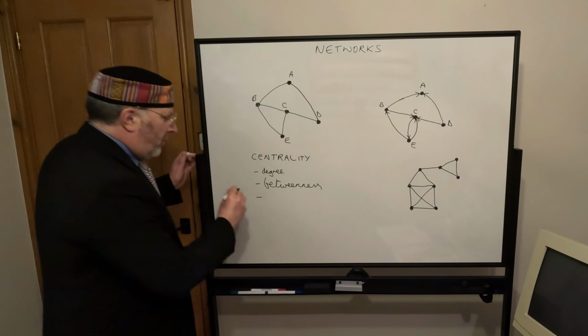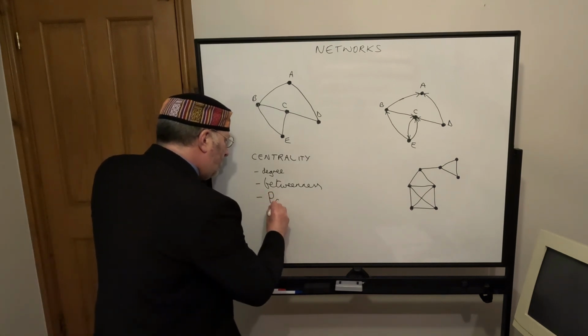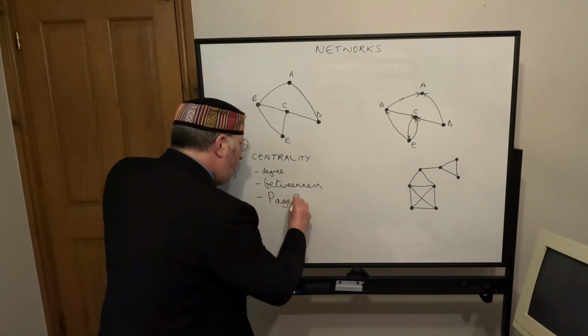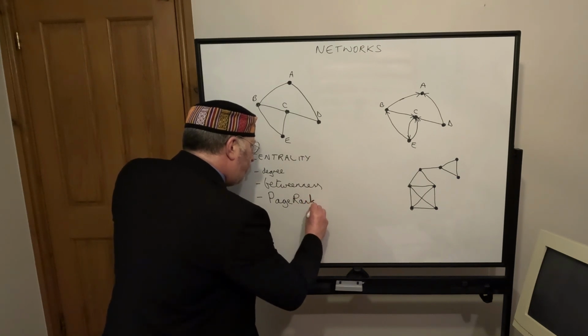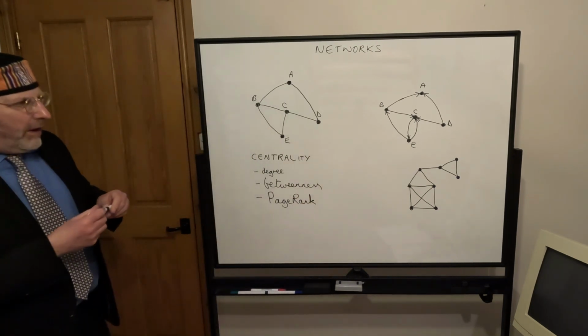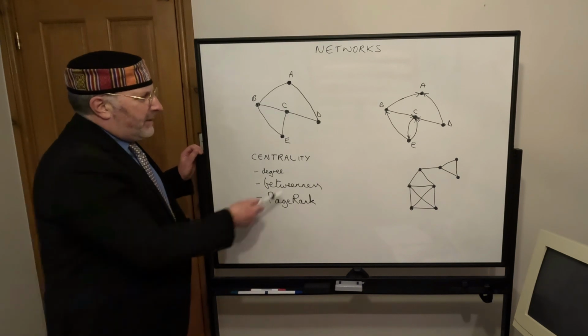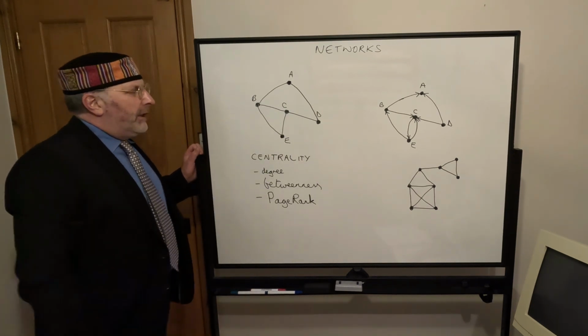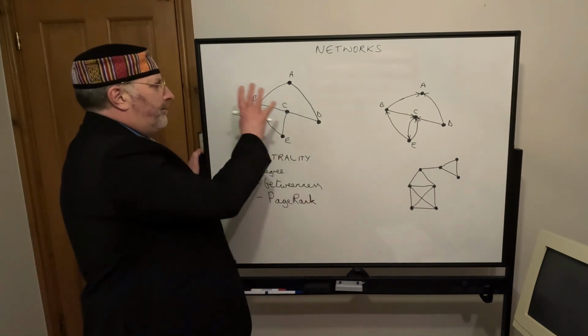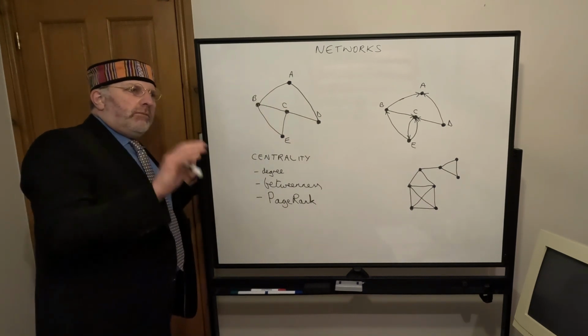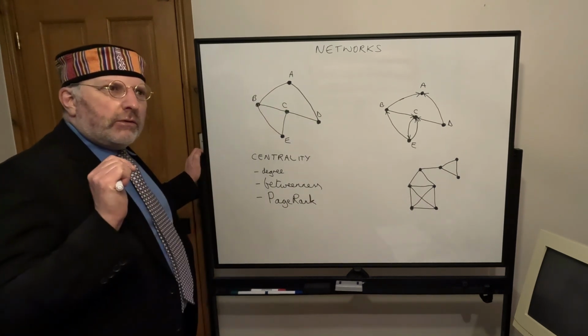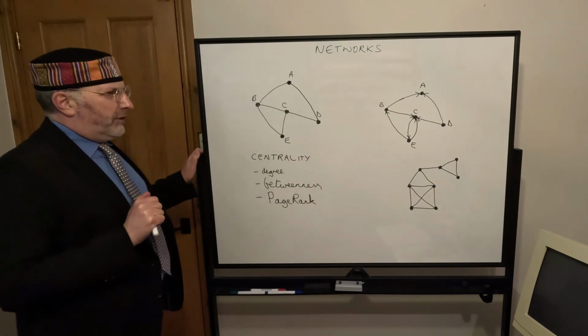And this is the PageRank algorithm of Google that measures the importance of web pages. It is based on that kind of idea. Web pages are more important if they're connected to other important web pages.